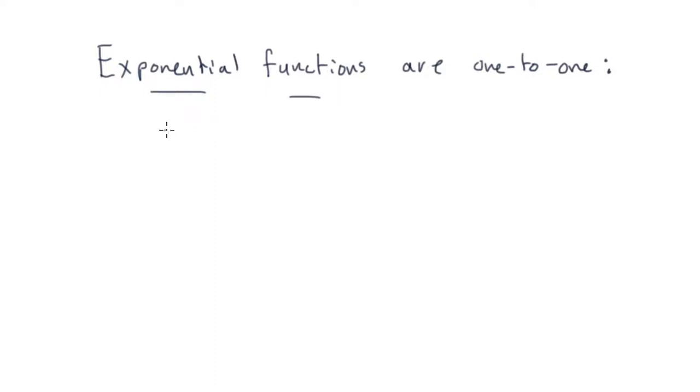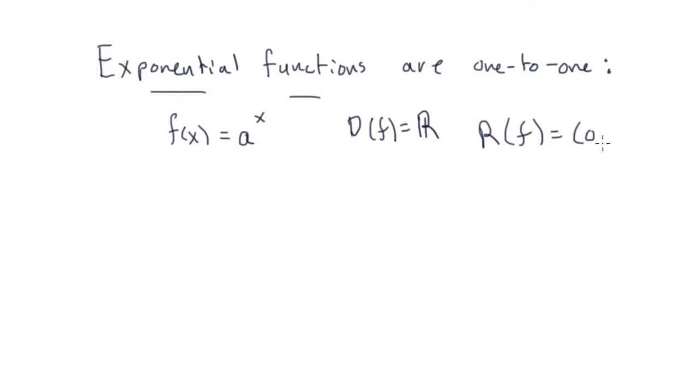And that's really the best way to think about them. So recall, if I have my function a to the x with domain all real numbers and the range 0 to infinity, then because it's one-to-one, there's an inverse.